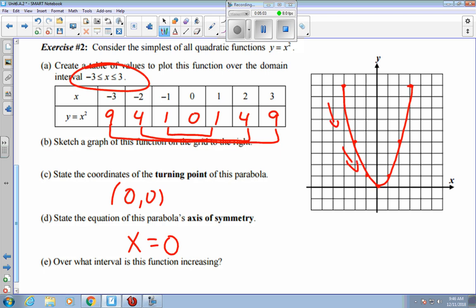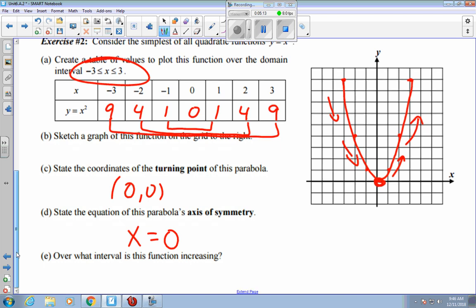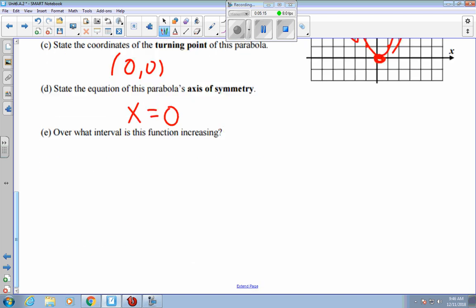So this is decreasing to the turning point, and then it will start increasing. So this function is increasing. Again, it's restricted, so it's from 0 to 3, or you can have it without the equal sign on the 0 because that is a turning point.